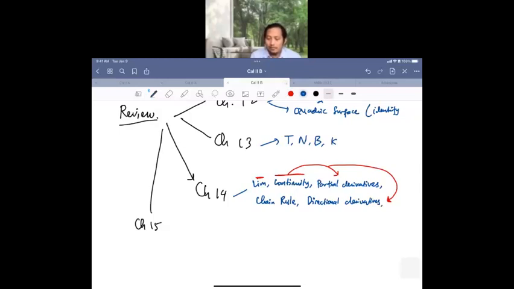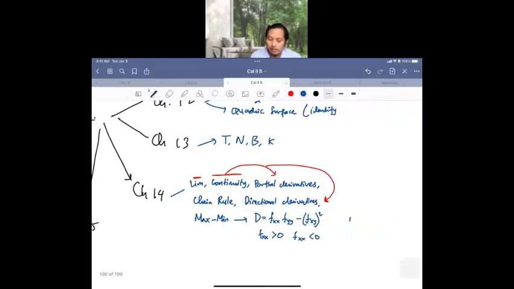And after that, we have the maximum, minimum. So finding the D, right? The D. The second derivative test, right? Okay.